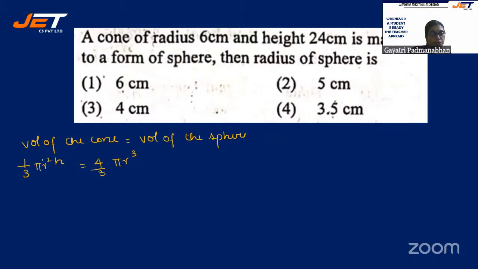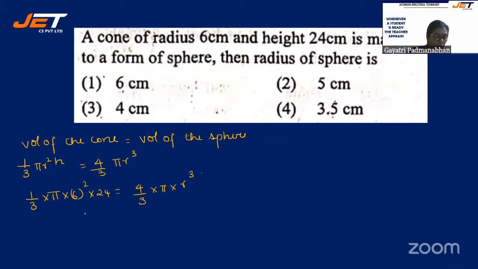So you can just substitute: 1 by 3 into pi into r square, which is 6 square, into height 24, is equal to 4 by 3 into pi into r cube.